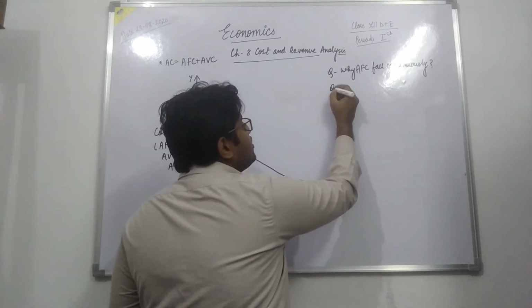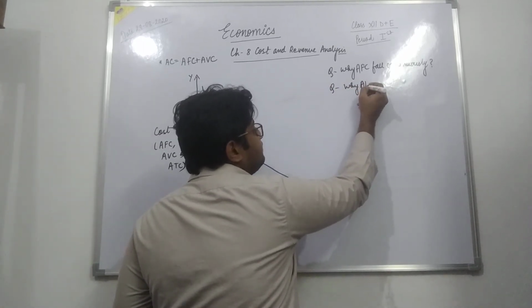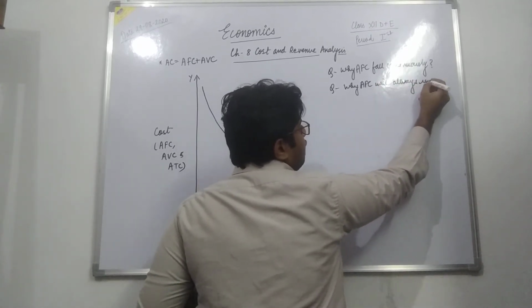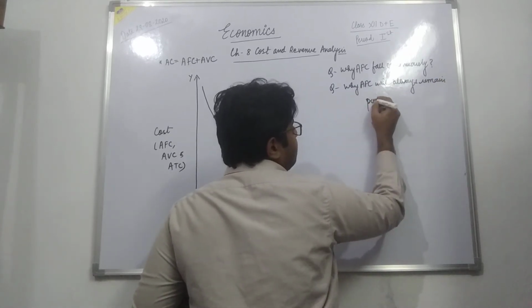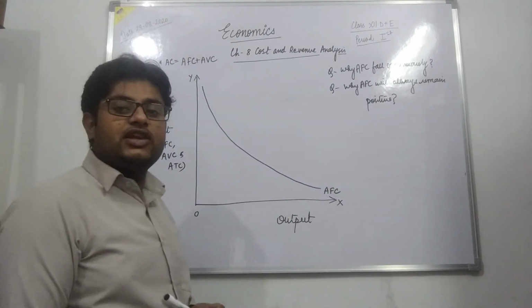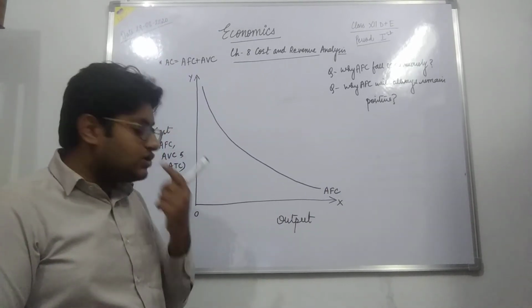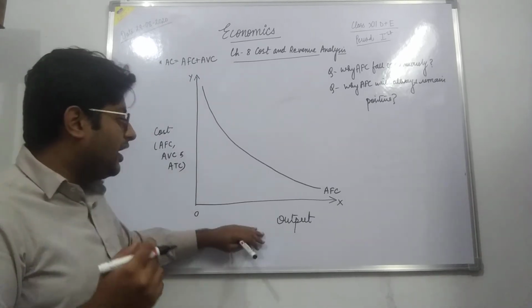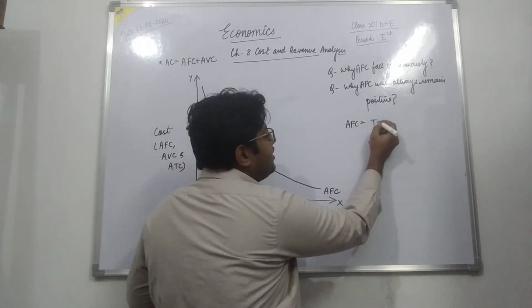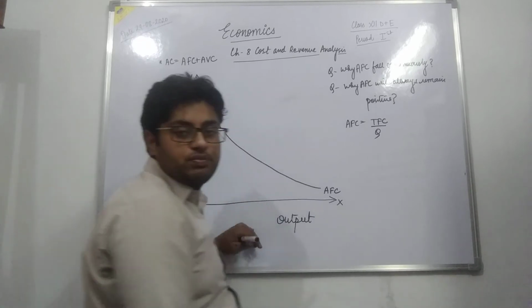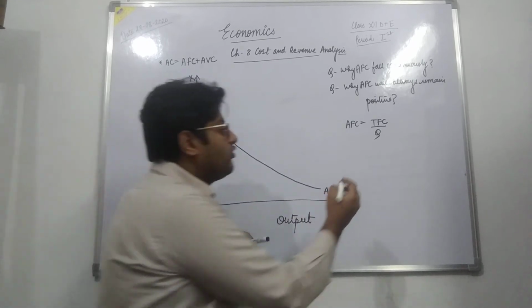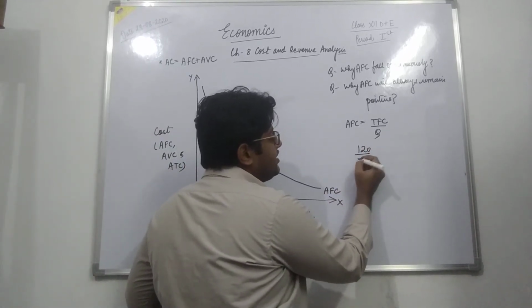So the second question is why AFC will always remain positive, why it will never get to 0. The answer to this question is also a mathematical thing. As we all know, AFC is nothing but the division of TFC by output. Even if the output is 0, at the 0 level of output, the TFC will be some positive number in the short run.